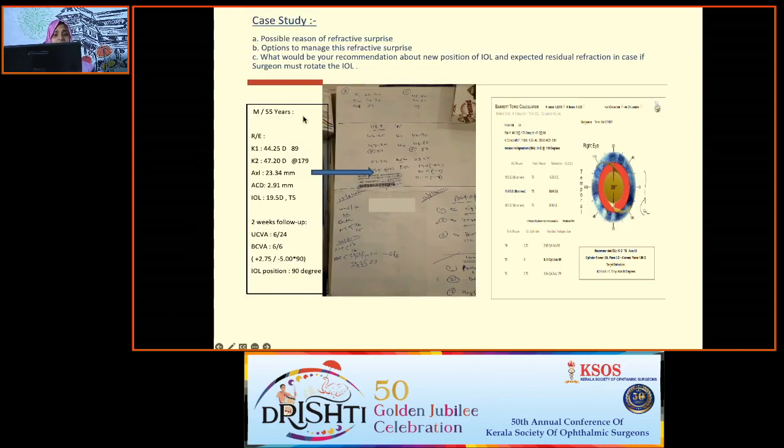Then coming to another case scenario, where the optometrist flipped the axis. Her K1 was 41.2 D at 89, and K2 was 47.2.